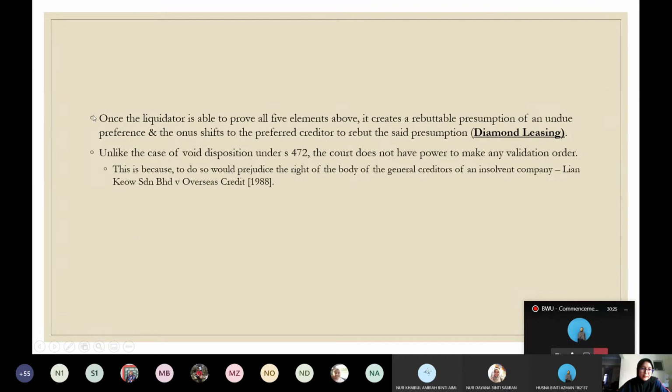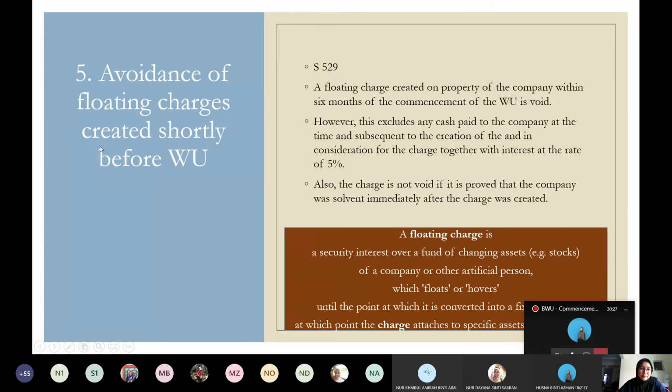We can look at this later. Okay, number 5, the implication of the winding up is the avoidance of floating charges created shortly before winding up. Generally, floating charges cannot be created shortly before winding up. Let us look at section 5 to 9.